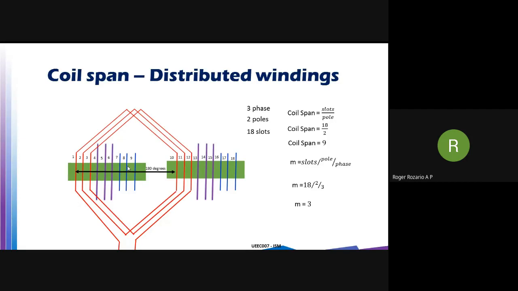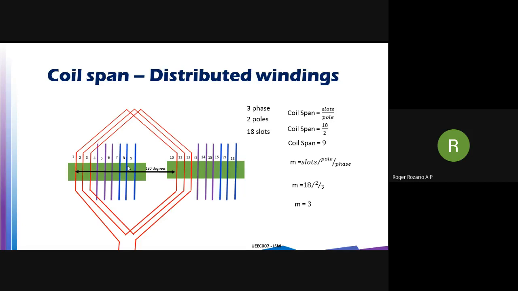These 4, 5 and 6 and 13, 14, 15 will form another group. 7, 8, 9 and 16, 17, 18 will form another group. Is it clear? So in this diagram, I have told you how to calculate the coil span.